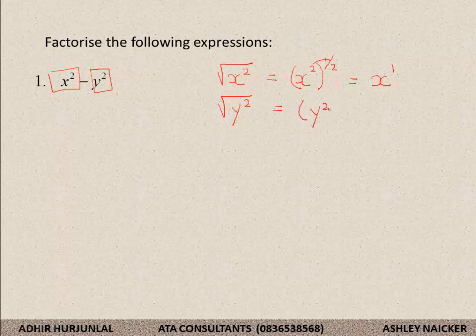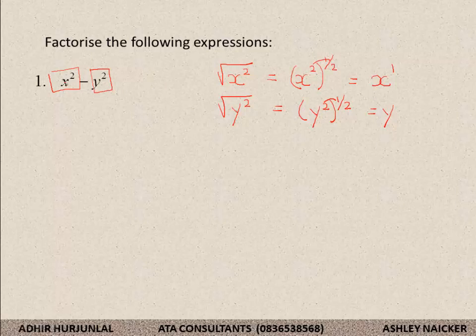I have here y squared, which is raised to the exponent a half. And how do I get this, guys? Remember, the square root of y squared means the y must be raised to the exponent a half. Yes, 2 times a half is 1, so this becomes y. Some of you might want to cancel that off with that. You're welcome to do so. But I'm explaining it this way so it will help me with more difficult examples.